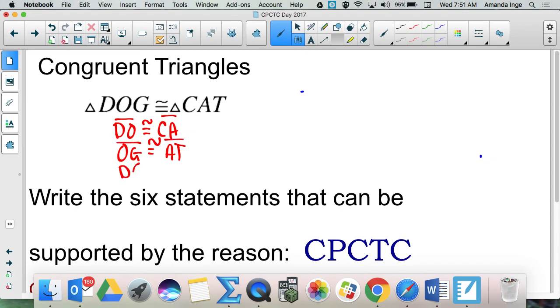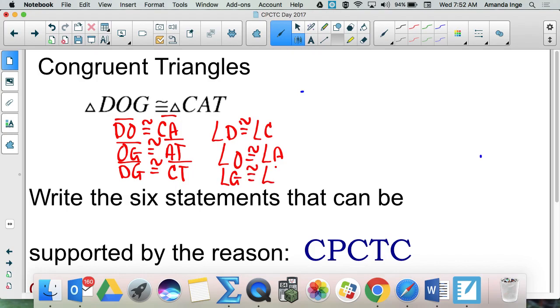And DG is congruent to CT. So those are the corresponding sides. Corresponding angles are angle D is congruent to angle C. Angle O is congruent to angle A. And angle G is congruent to angle T.